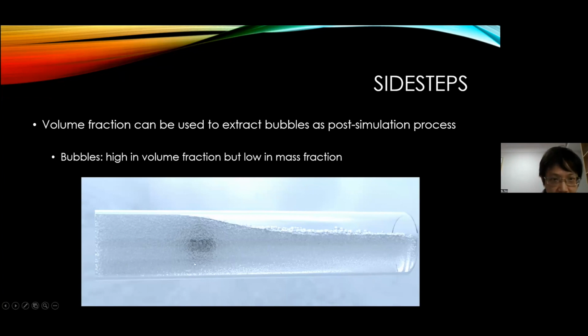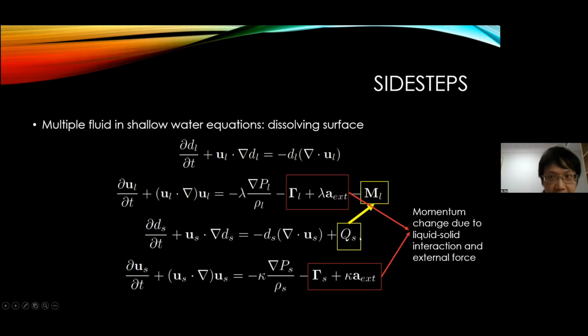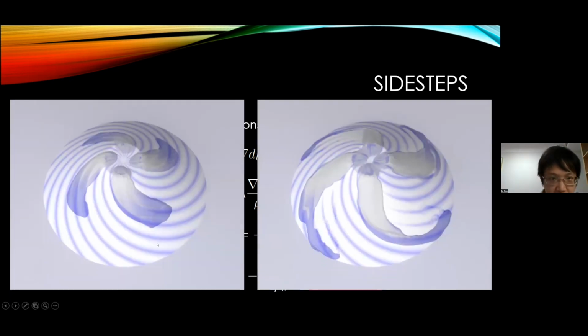This is a result. The second one is that we can integrate the multiple fluid concept into other physical systems, such as the shallow water equations, to generate some dissolving surface effects. These are the equations we used in a previous paper, and this is a result.